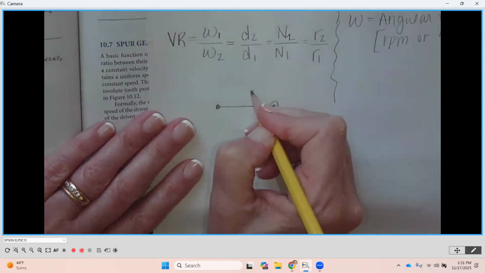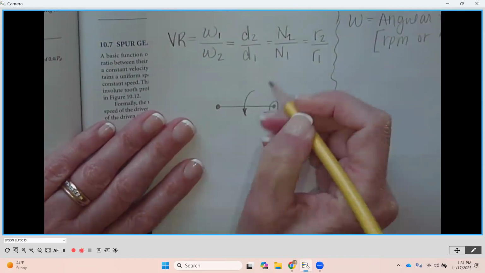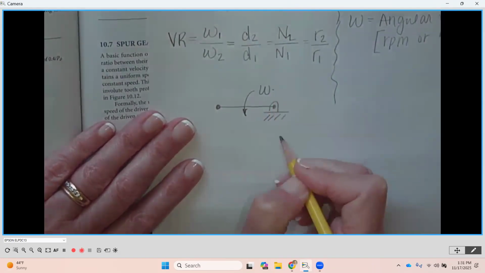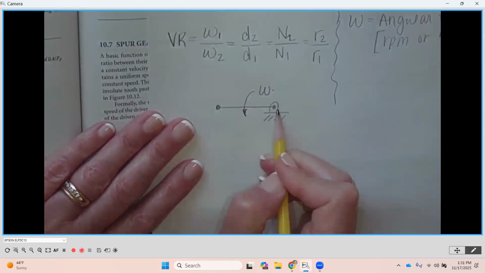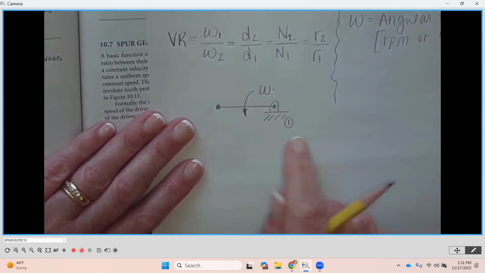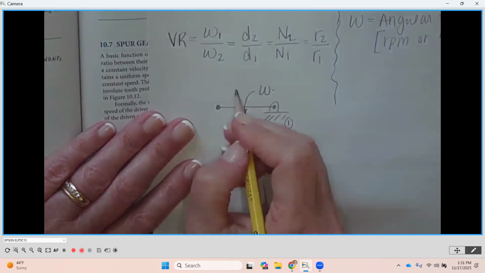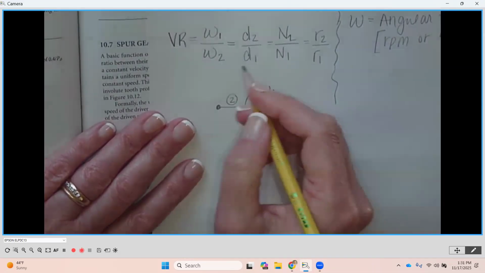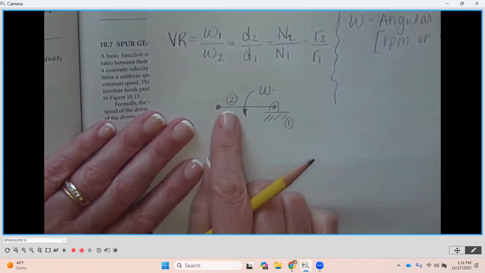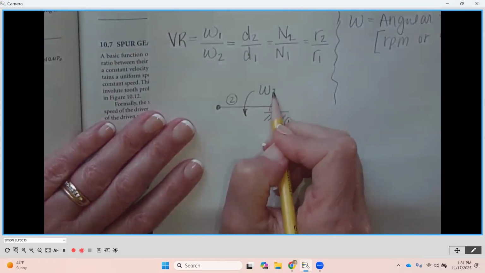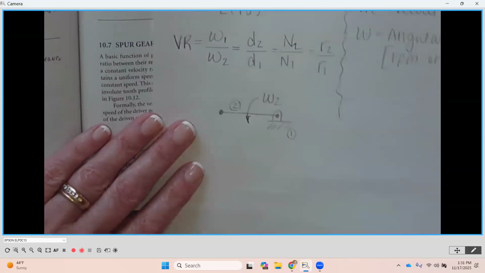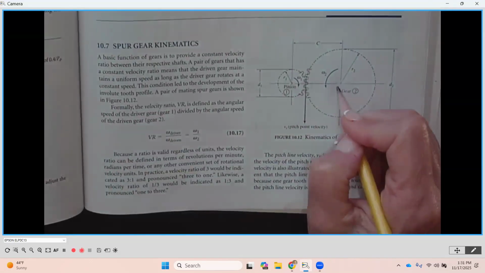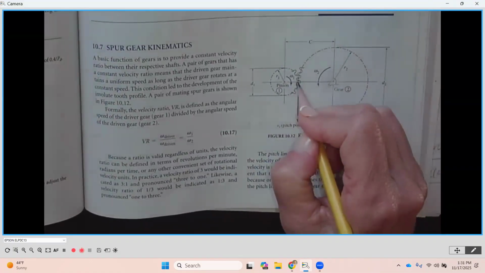If I know the angular velocity of that link, so instead of drawing the full circle, we're just drawing the radius here. And if the center of rotation is a frame, it doesn't move. And the gear itself is a link, 1 and 2, this would be the angular velocity of link number 2.